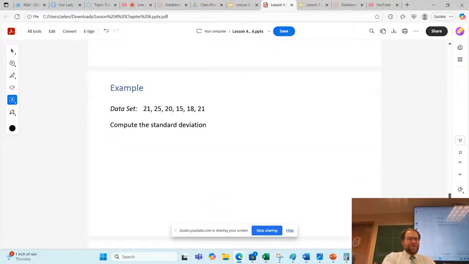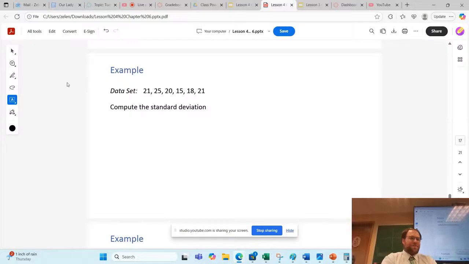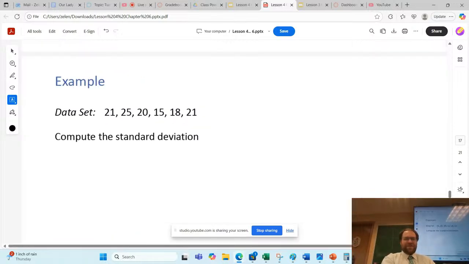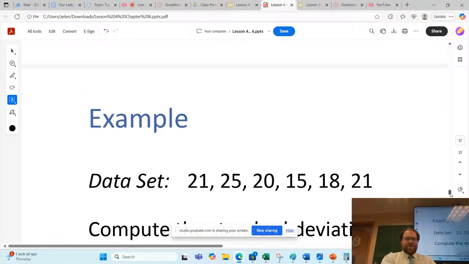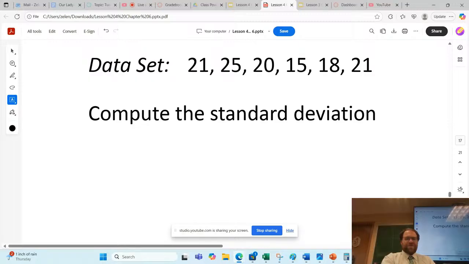So for the example, if you have the numbers 21, 25, 20, 15, 18, and 21, let's find the standard deviation. So the first step is to find the what?